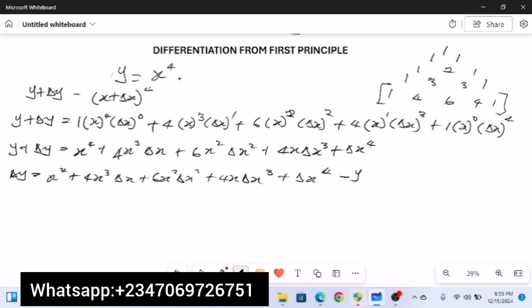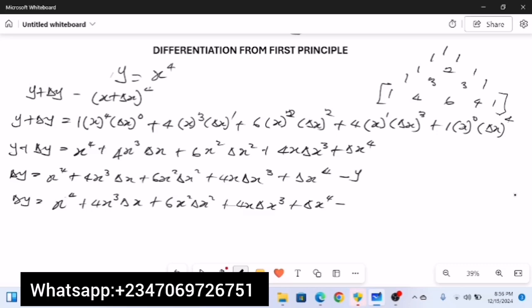So if we do that, our equation becomes change in y equal to x to the power of 4 plus I have 4x to the power of 3 times change in x, plus I have 6x squared change in x squared, plus I have 4x change in x to the power of 3 plus change in x to the power of 4 minus y.